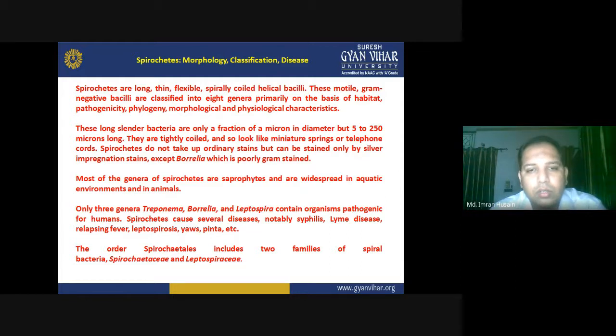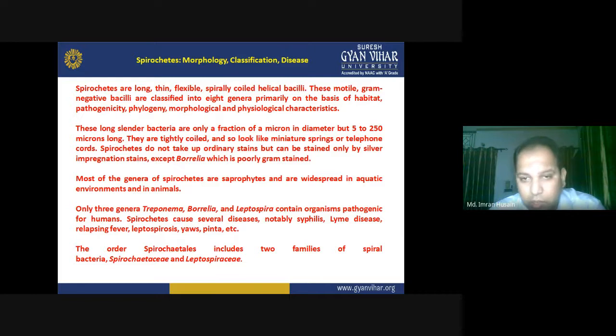Spirochetes do not take up ordinary stains but can be stained only by silver impregnation stains, except Borrelia, which is poorly gram stained. So although they show different types of behaviors, they are specially known to be gram negative, and the gram stain does not stain them properly or stains them poorly.